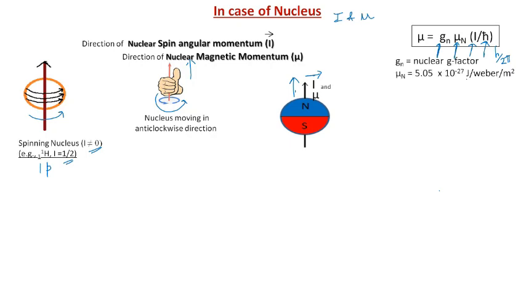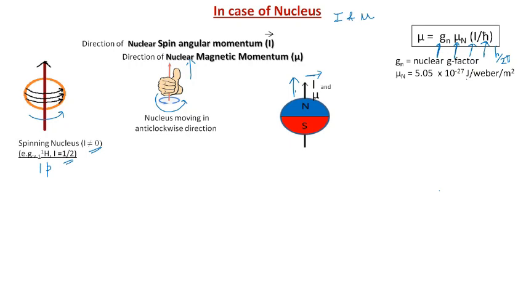The value for mu n is equal to 5.05 into 10 raised to the power minus 27 joules per Weber per meter square, which means that a spinning charged nucleus will generate at least this much magnetic field in the absence of an external magnetic field.